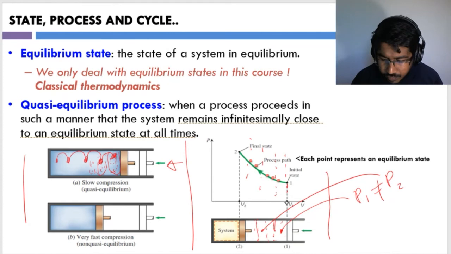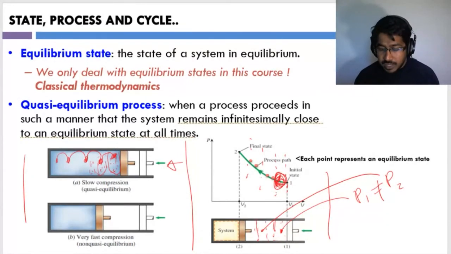Now, can we represent the pressure and volume of this process using one dot like this? If we do it in infinitely small steps and slowly, can we use one point to represent this process?